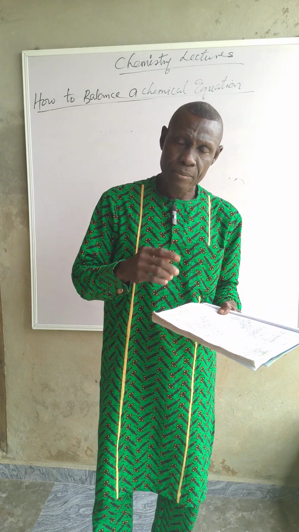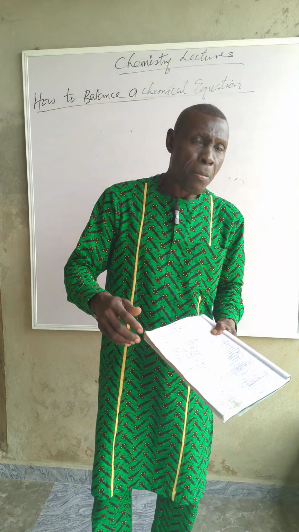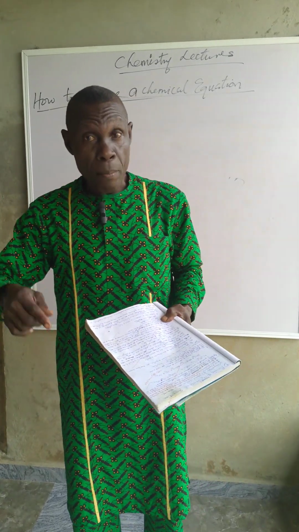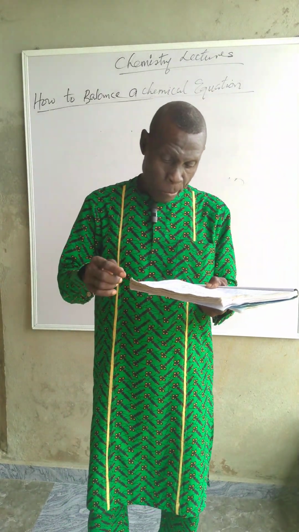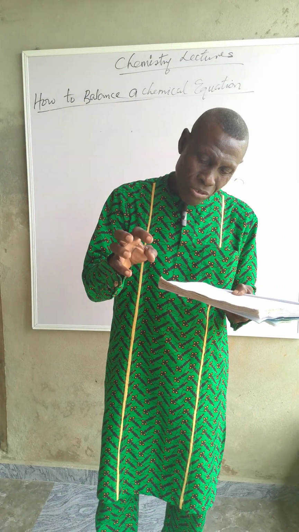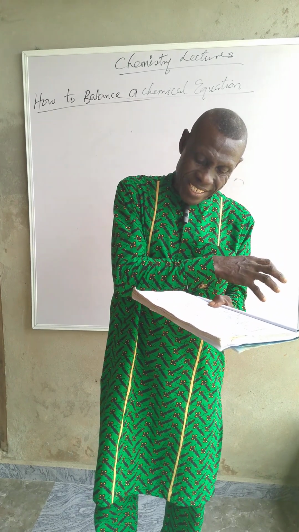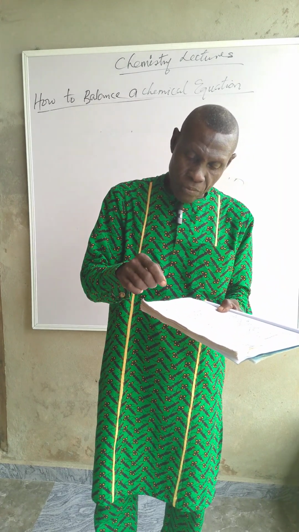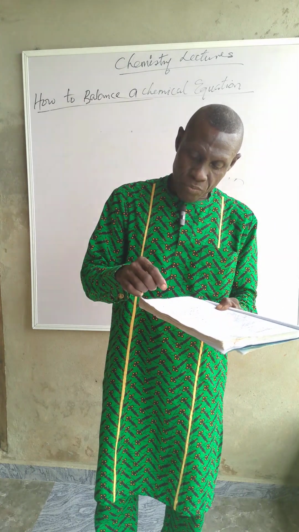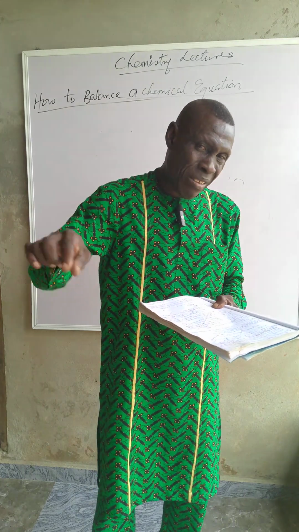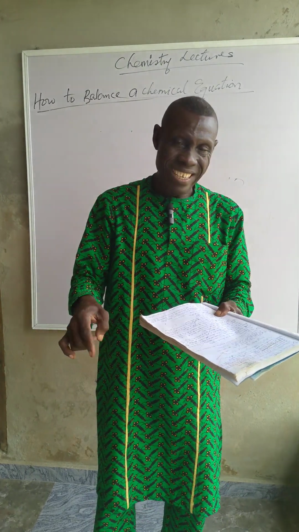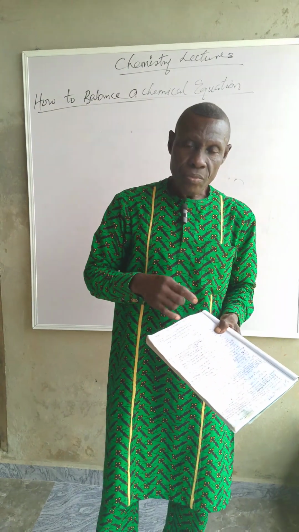Let me take it again. Balancing an equation means that the number of atoms of elements at the reactant side must be equal to the number of atoms of the same elements at the product side.